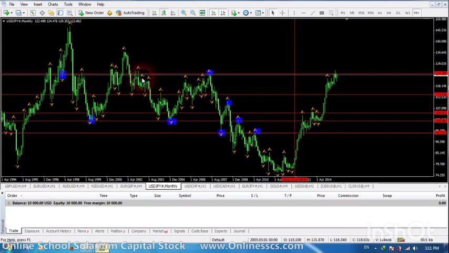So these are not swing highs. Also this one, this is a swing high. These are not our swing highs because we can consider a point a swing high where two sides of it are empty.